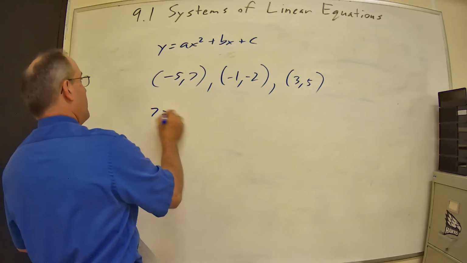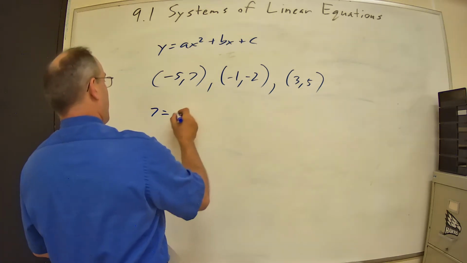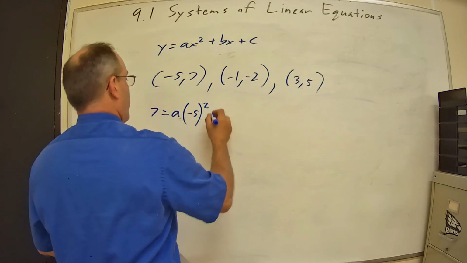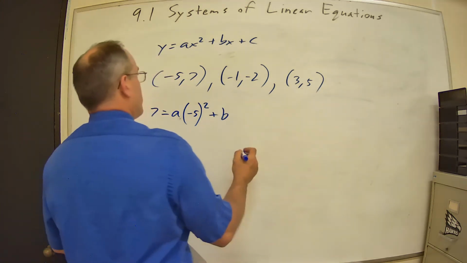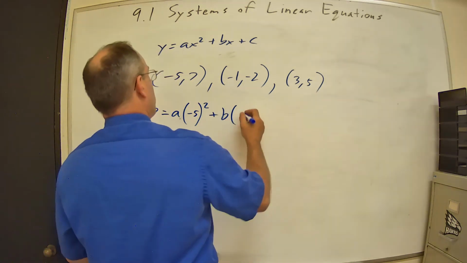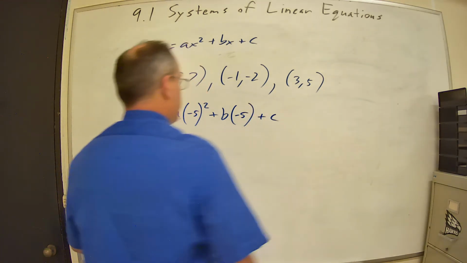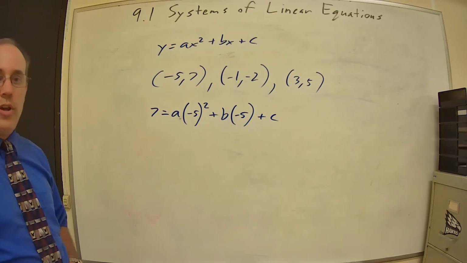So that means 7 equal to A times negative 5 squared plus B times negative 5 plus C. Okay, so that's one equation.